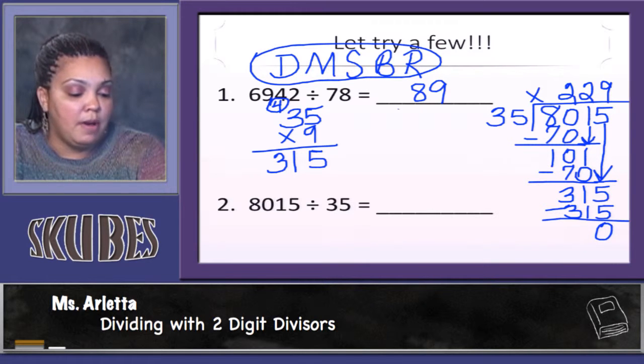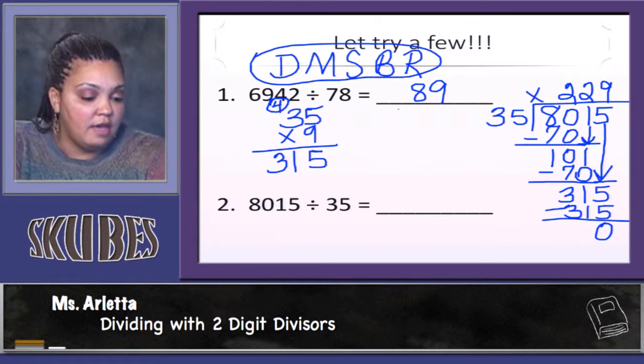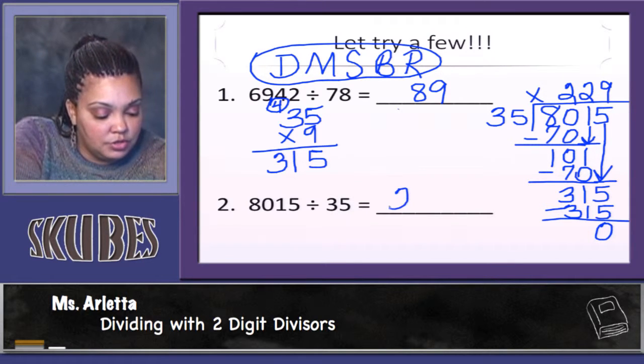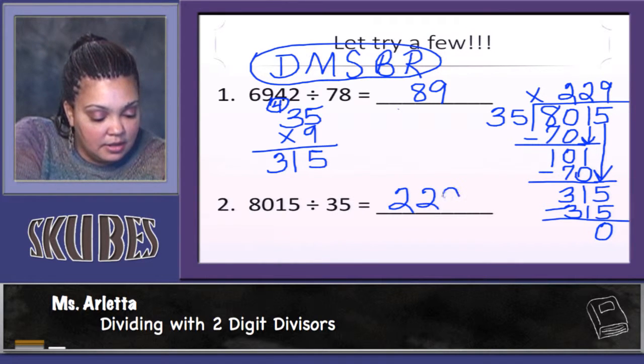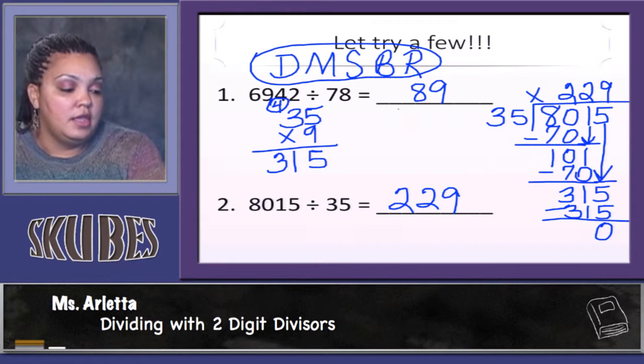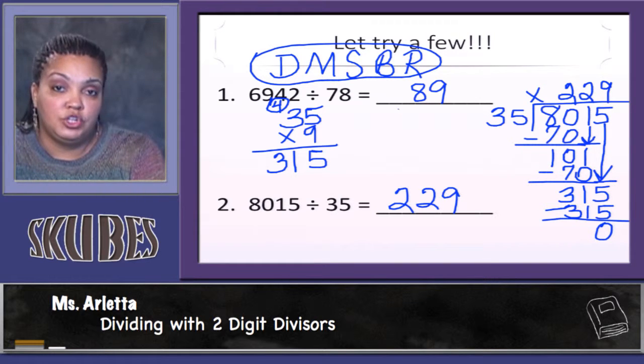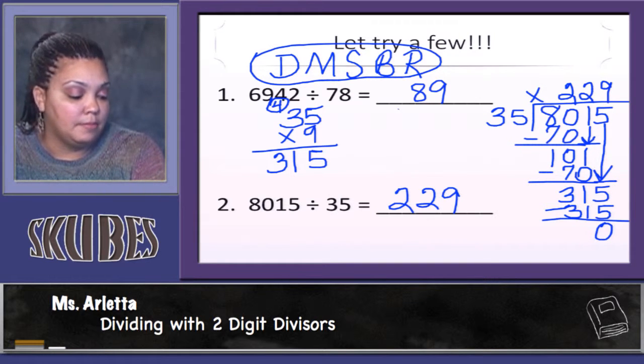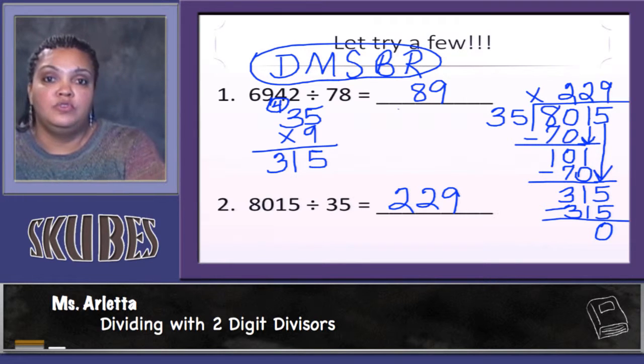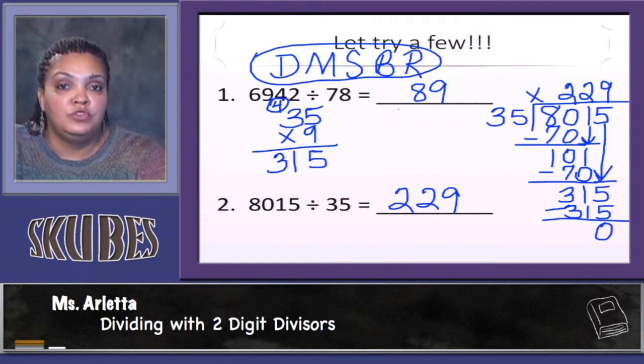You have a 0 at the bottom, so you know that we're done with this problem. We have an answer of 229, which is also, in math vocabulary terms, a quotient of 229. And that concludes our lesson on dividing with 2-digit divisors.